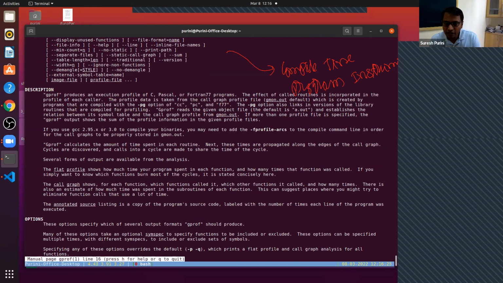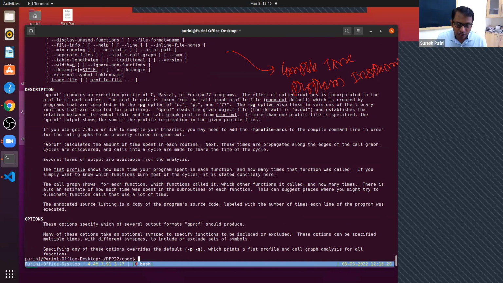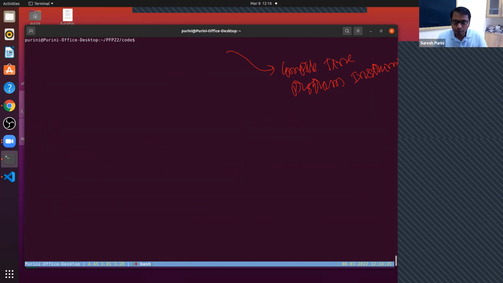One important thing I would like to highlight is that this approach of profiling a program is called a program instrumentation approach. You compile the program, and when the program is compiled, the compiler automatically inserts some instrumentation code. When we run the program, all the statistics it generates are written to files.